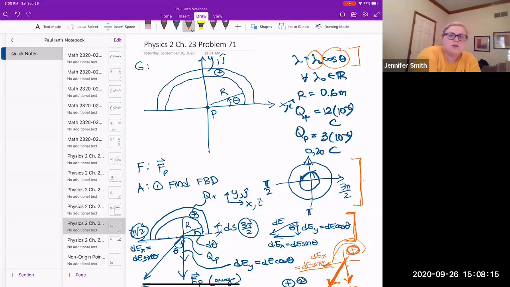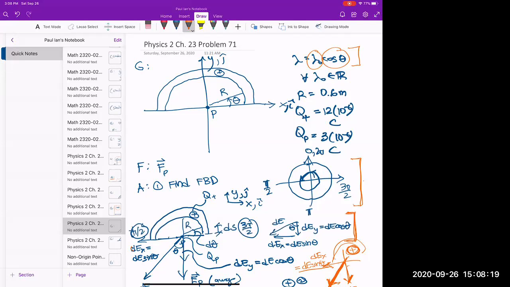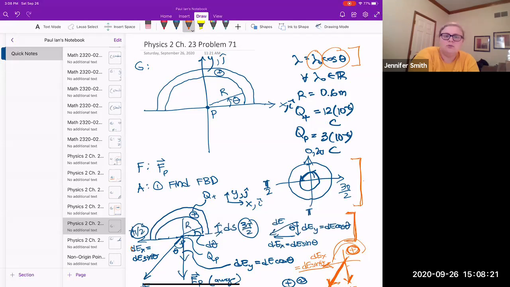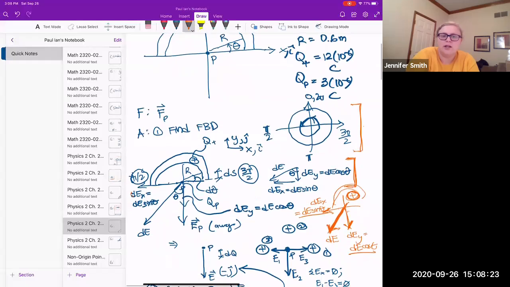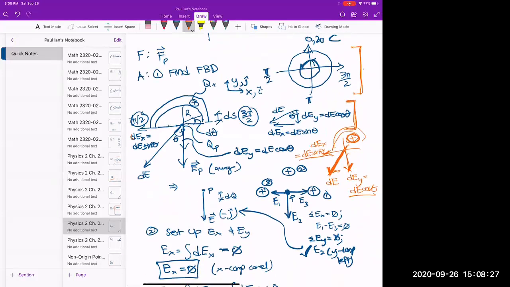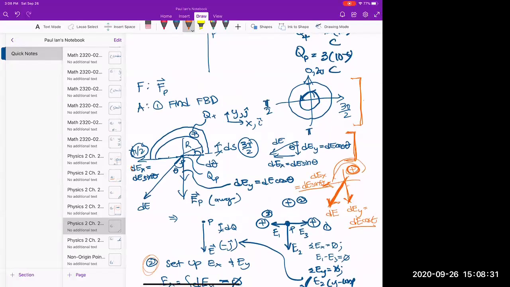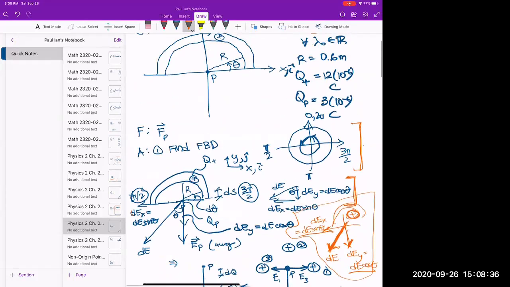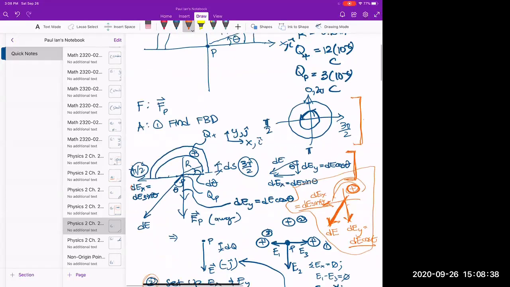Real quick, whenever I see one of these problems, I should be assuming that I'm going to use either the sine or the cosine depending on which direction it's oriented. Yep. And then we'll talk about which one you use in the setup right here. But you should always set it up like this. It's always going to be very similar every time. Whatever direction your point charge is at, draw something like this.